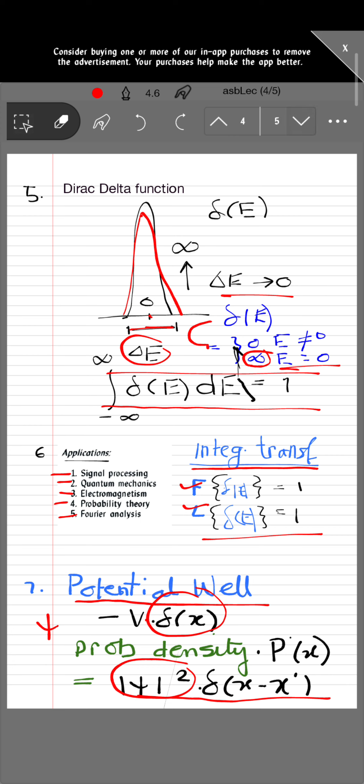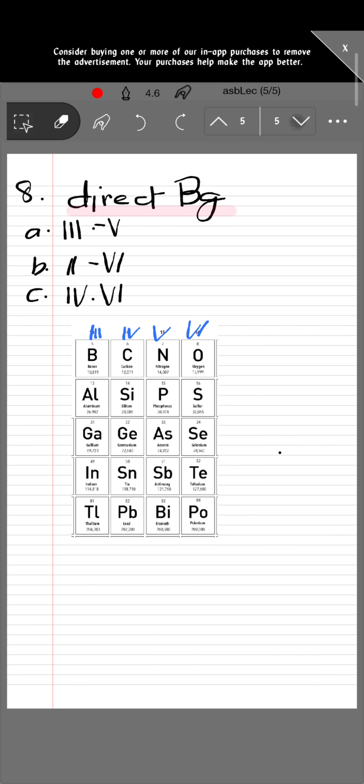Now, the materials that are usually made into quantum dots are the direct band gap semiconductors: the 3-5, 2-6, and 4-6.